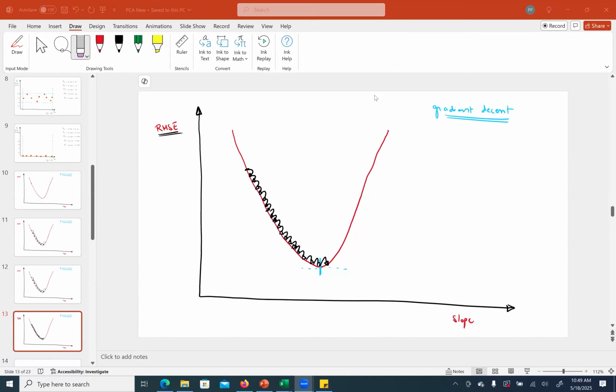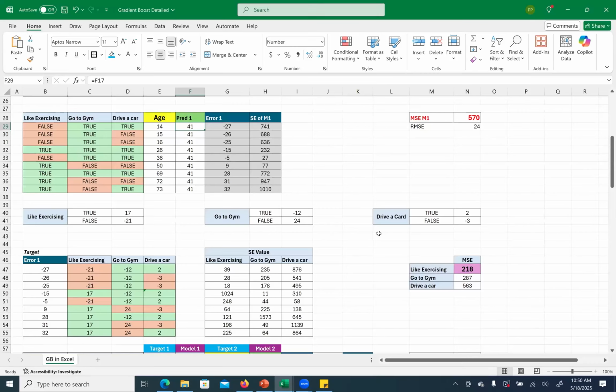Any other question? My suggestion will be, if you just go through this Excel, there is nothing that anyone can ask you on gradient boosting that you cannot answer, because you literally solved gradient boosting manually yourself without using Python.